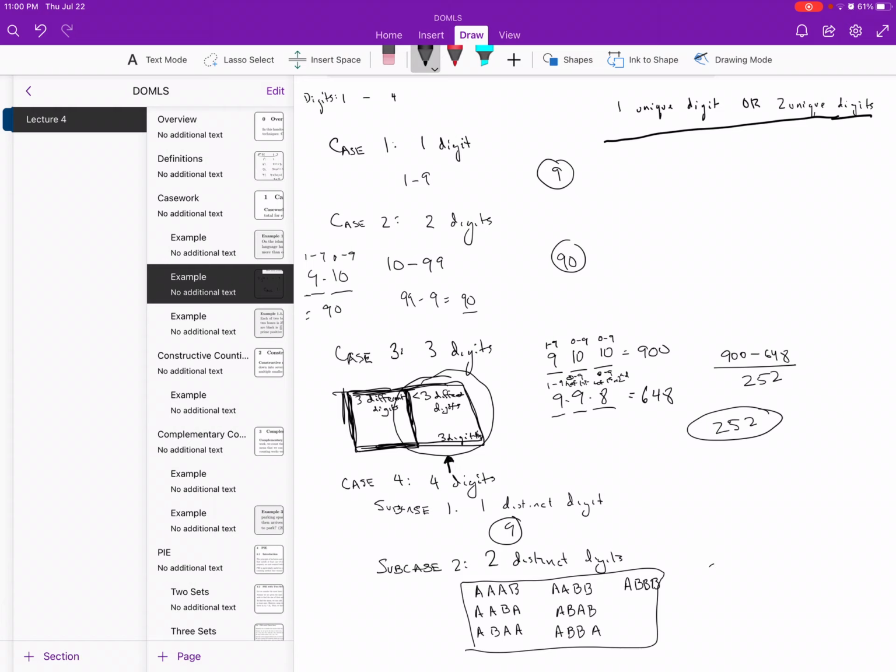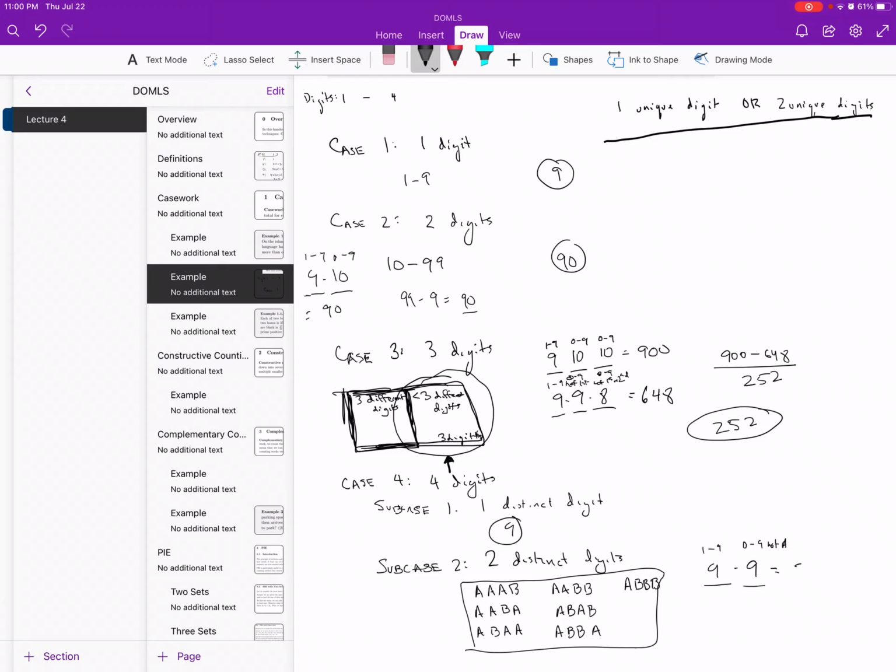And there's 9 ways to choose A, because it can be 1 through 9, because it's the first digit. And we have, actually, wait, no, we have 9 ways to choose B, because B has to be different than A, and it can be between 0 and 9.